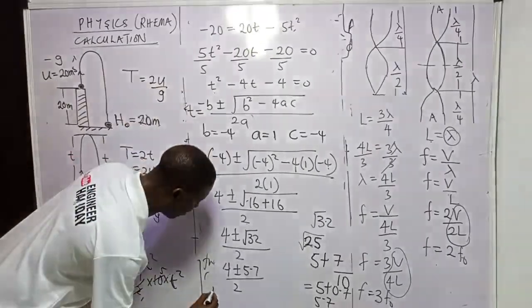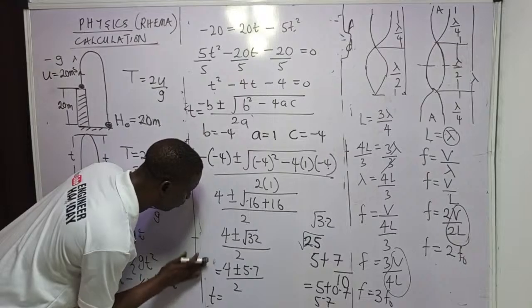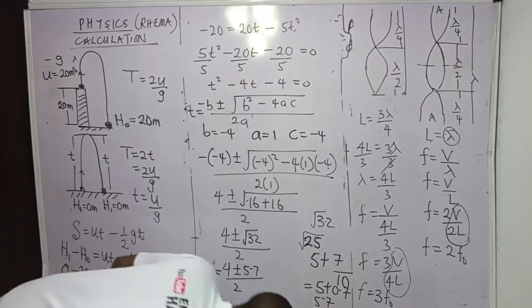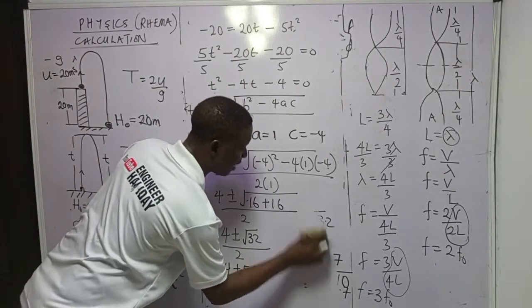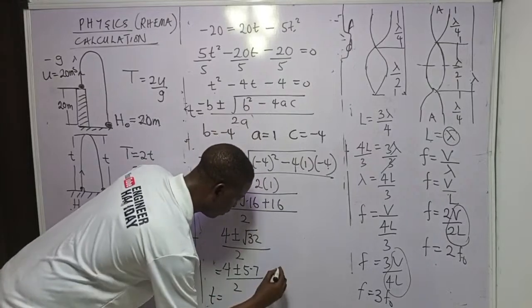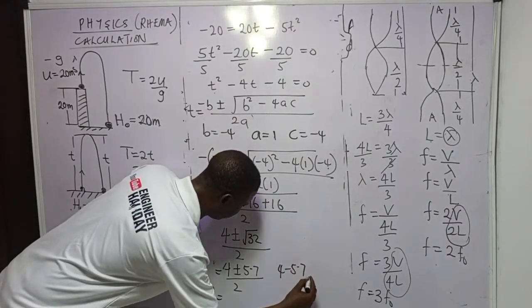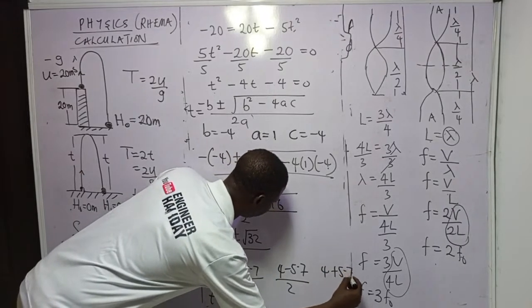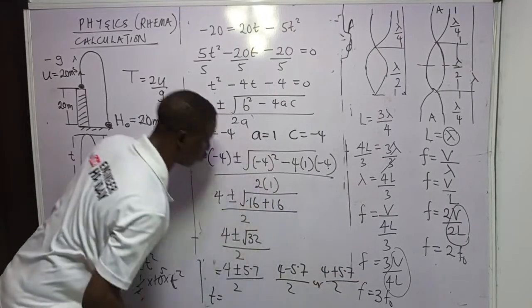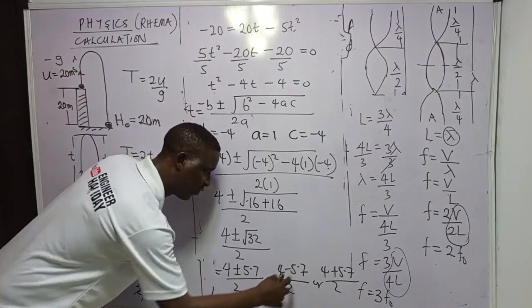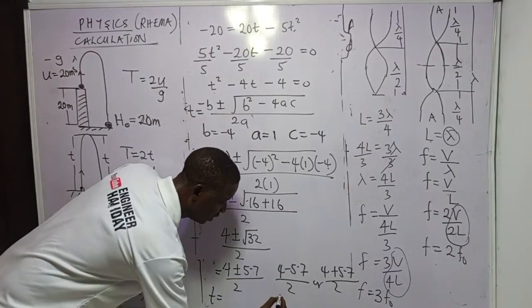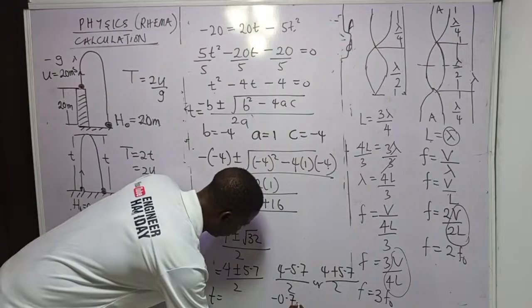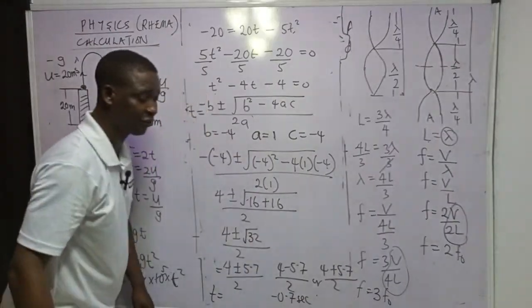If I use minus, I will have 4 minus 5.7 divided by 2, and 4 plus 5.7 divided by 2. Those are the two times I'm going to have. This one will give me minus 1.7, and minus 1.7 divided by 2 is minus 0.85 seconds. Press your calculator.